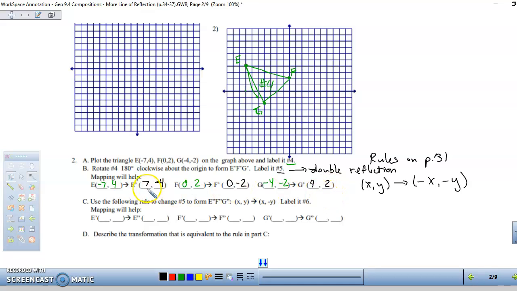So graphing those, E prime is at 7, negative 4. So I go here to 7 and go down 1, 2, 3, 4. And here's E prime. Okay, F prime goes to 0, negative 2. So down here to negative 2, that's F prime. G prime is 4, 2. So 1, 2, 3, 4, up 2. And that's G prime.